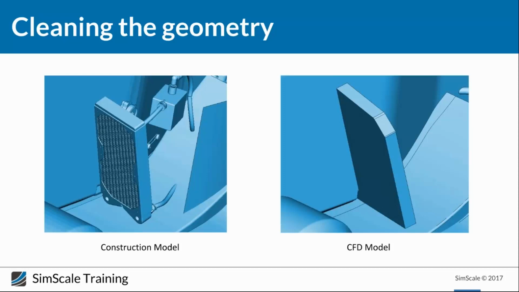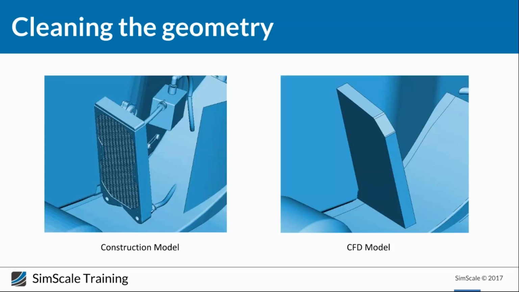Okay, so one really important thing here, one of the most important things that we have to discuss, is radiators. A radiator is a geometry built from a lot of small features and a lot of shell elements, and it's a lot of elements that we can't really simulate, and if we try to create a mesh over this, we're going to have millions of bad cells.